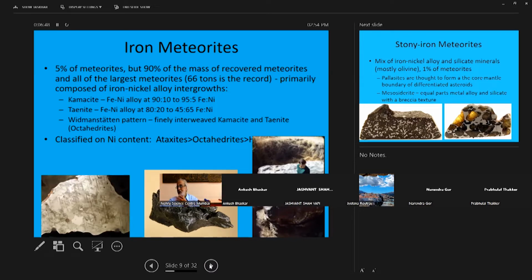So, and then iron meteorites are very simple. All you need is a round magnet, and round magnets nowadays nobody uses. They use those ceramic magnets. They are very powerful. And if you take a horseshoe, the power of the horseshoe is hardly 600 gauss. Whereas the ceramic magnets, they can be there of 8,000 gauss also.